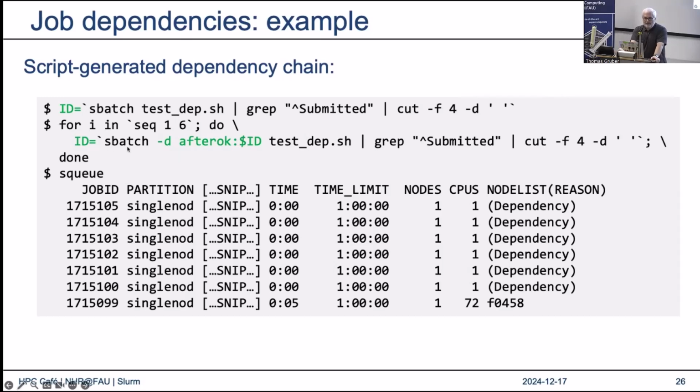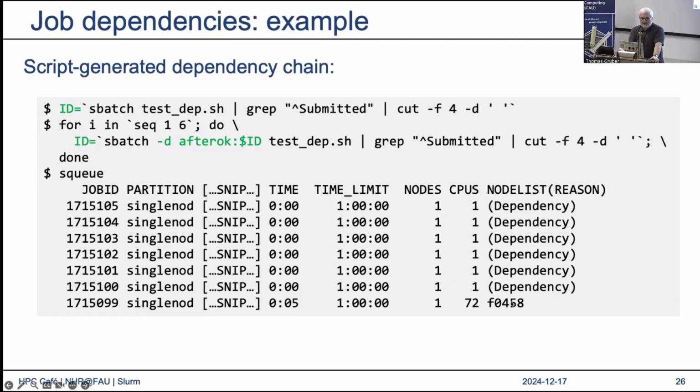In this loop, we submit 6 more jobs with sbatch. We use the dependency parameter afterok $ID, which means we only schedule the job if the previous one ended without errors. And this is the ID we just calculated. The outcome of this sbatch command is a new job ID that we use in the next iteration.